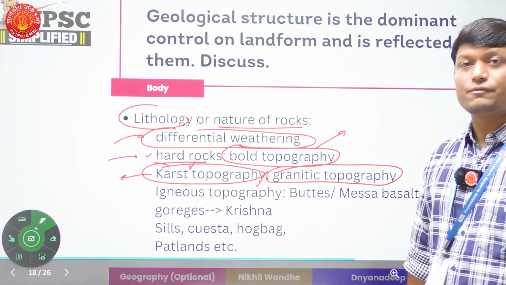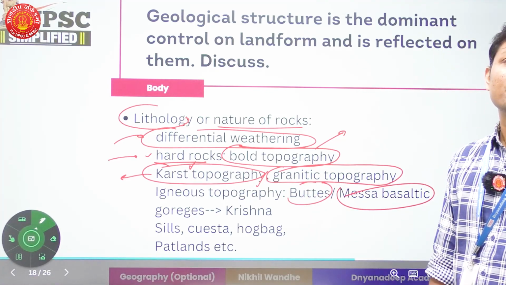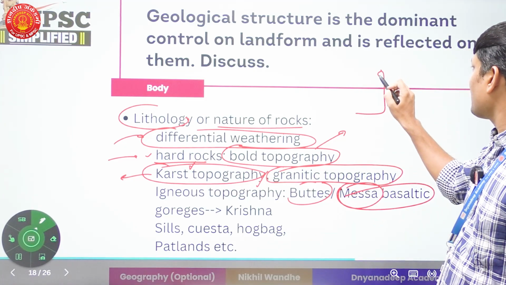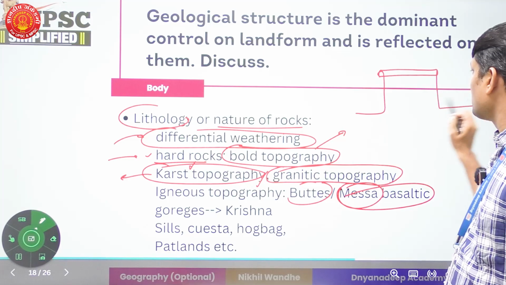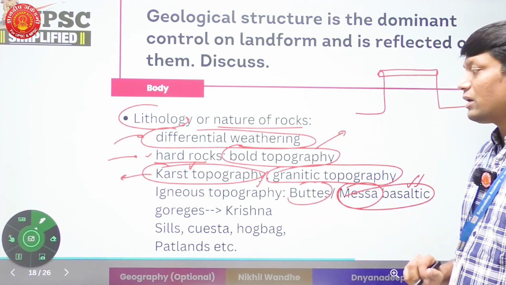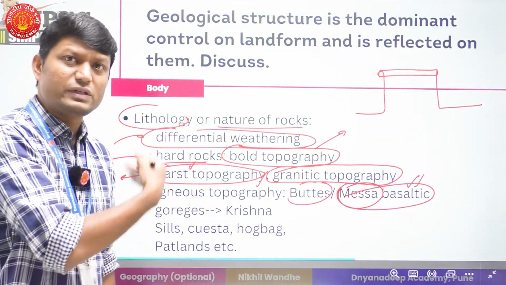Igneous topography is different. Let's take example of buttes and mesa, which are basaltic, standing igneous rock, volcanic rocks like this. Fine. If you go to basaltic region, it will have different igneous topography. Look at the topography of Western Ghats.